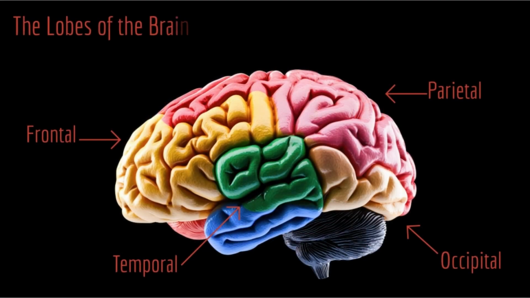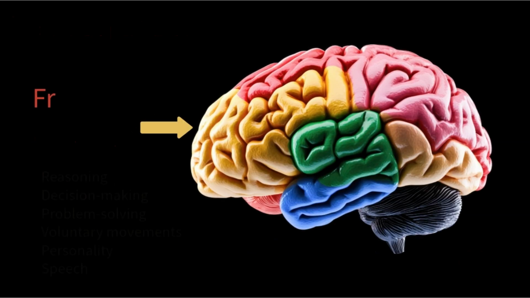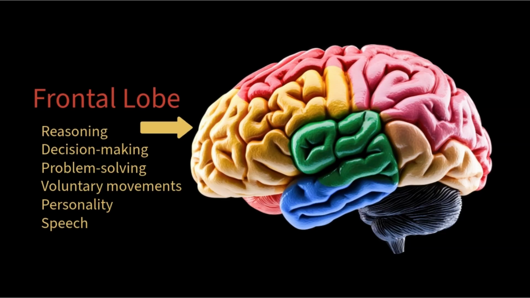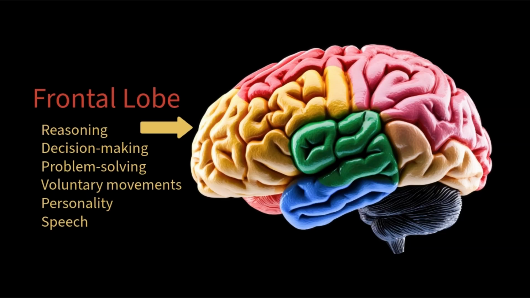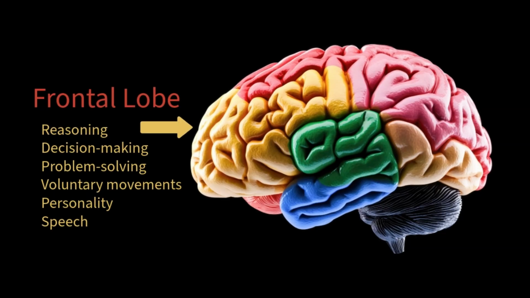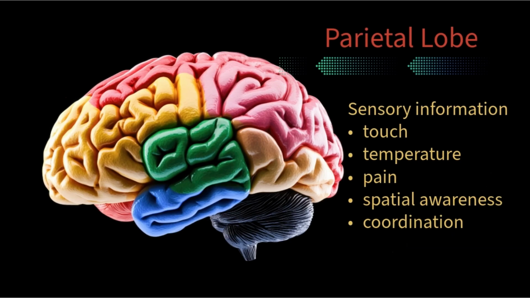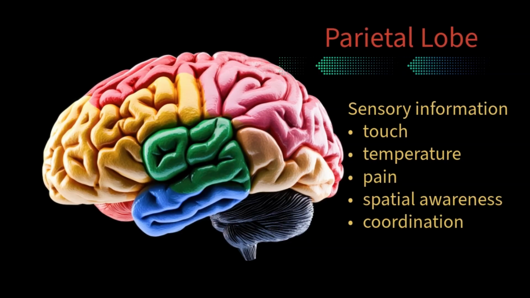The brain is divided into four lobes, each responsible for different functions that affect the body. The frontal lobe controls reasoning, decision-making, problem-solving, and voluntary movements, playing a key role in personality and speech. The parietal lobe processes sensory information like touch, temperature, and pain, helping with spatial awareness and coordination.